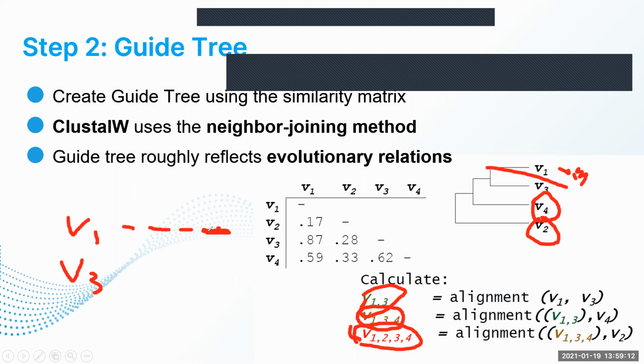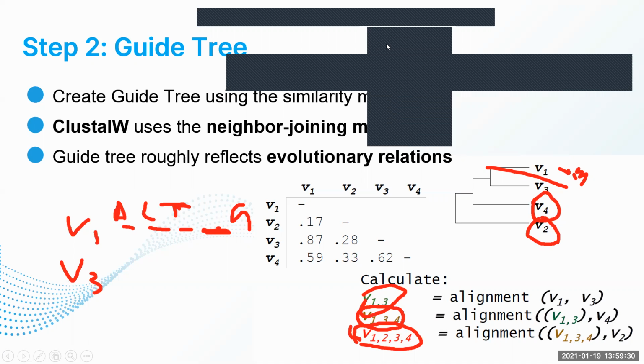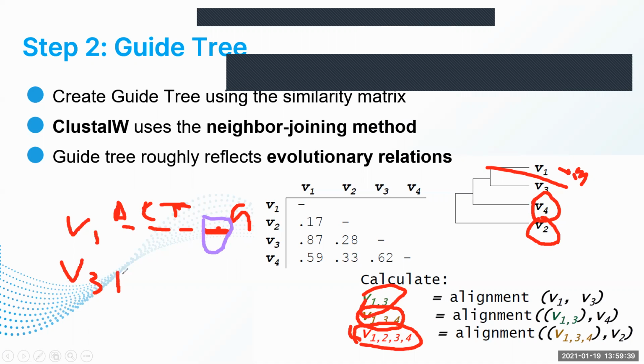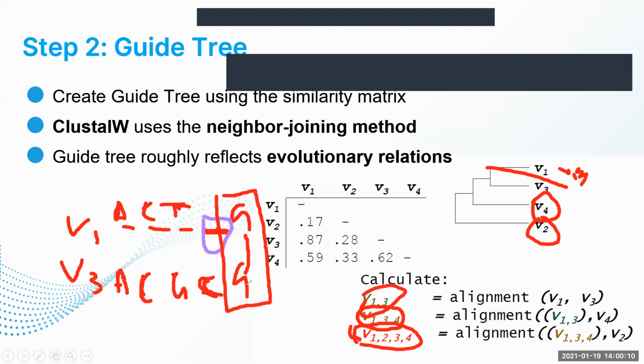Suppose you have A, C, T, G. At the first alignment, I put a gap here by hand. Then this is C. Suppose you have another sequence A, C, G, and this also G. To align this G with this G, I put a gap here and shift this G into this place. Like that, we can introduce gaps.